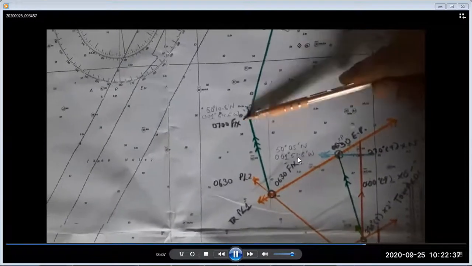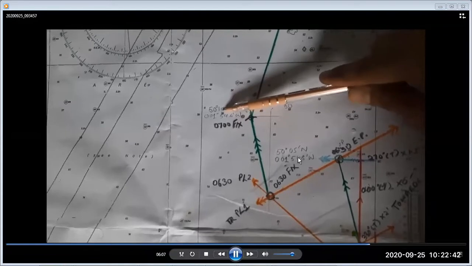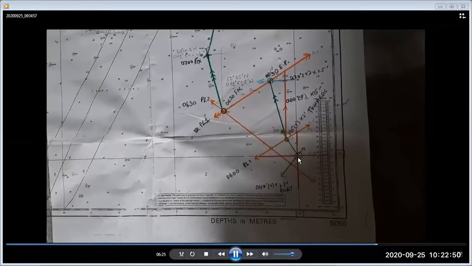And this 0700 position is 50 degrees 10.8 north and 001 degrees 54.6 west. So you can check the position yourself.